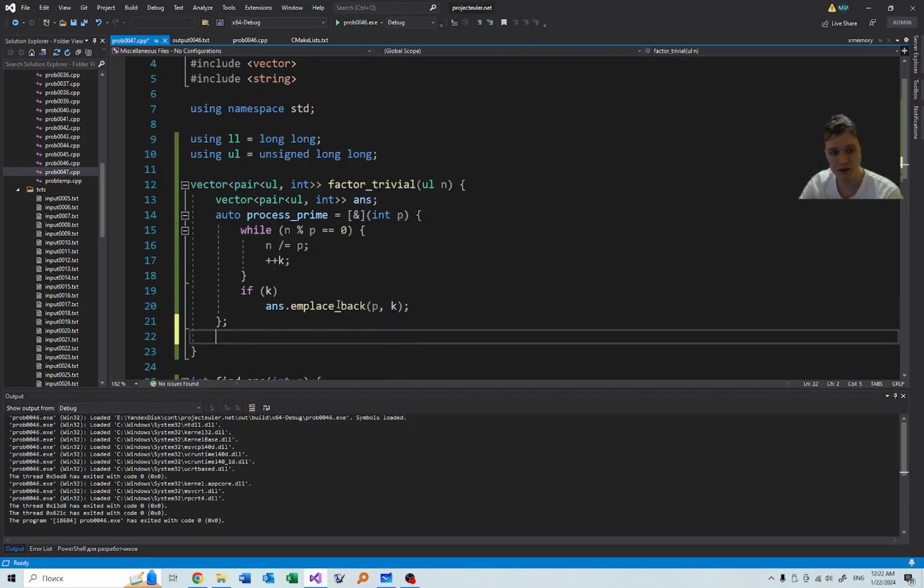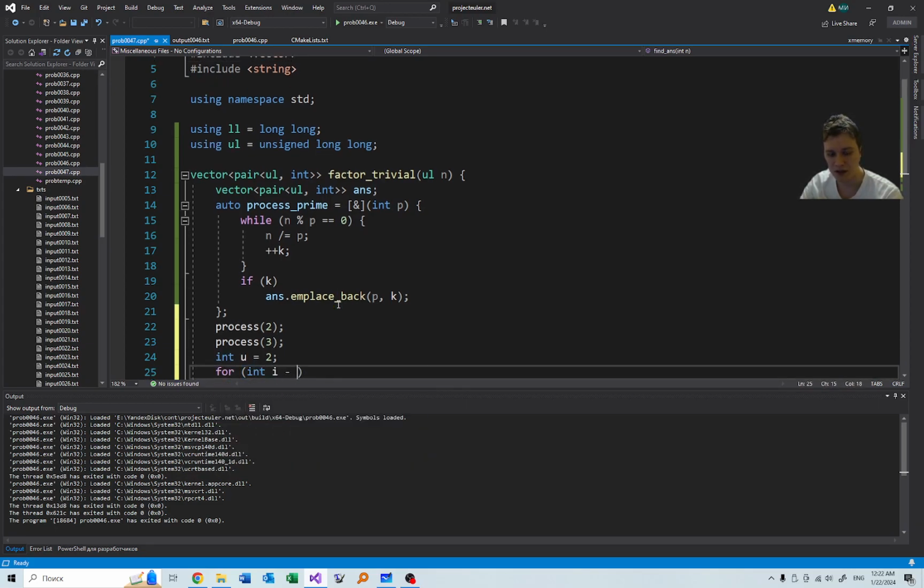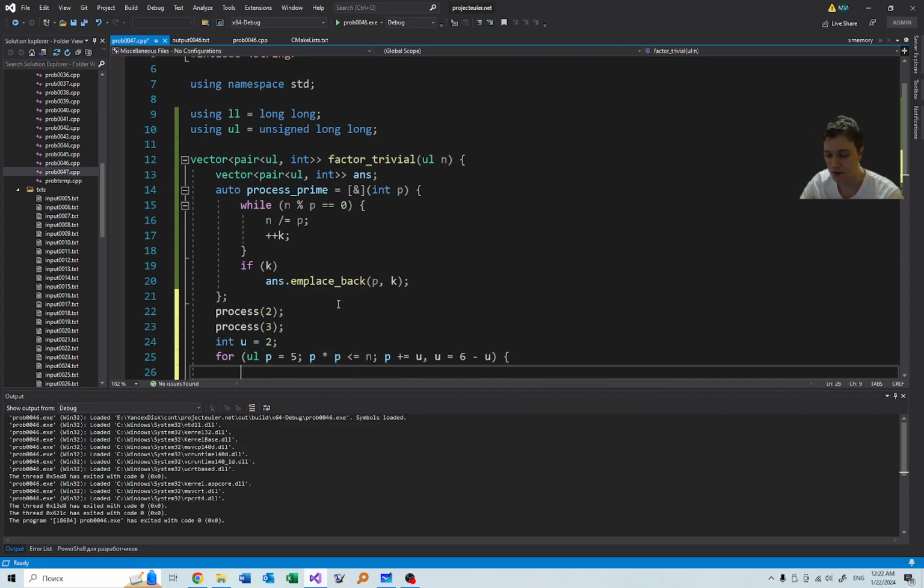Then we go. Then we process 2, process 3, int u equals 2, for int p equals 5, p times p is at most n, p plus equals u, u equals 6 minus u, and we process prime p.